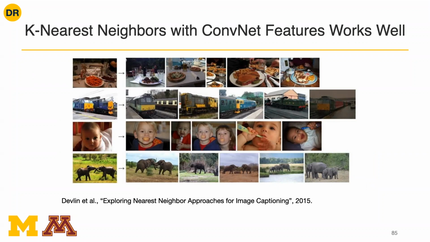Apparently that gives much more accurate results. For instance, if you're looking at this train, even if the train is seen from a different angle or a different pose, you can see that all of these are similar images to this particular test image. So it performs better than just using raw pixel values.